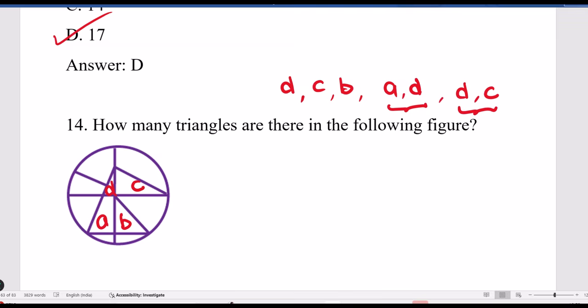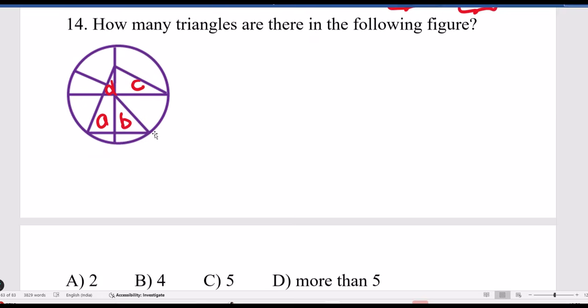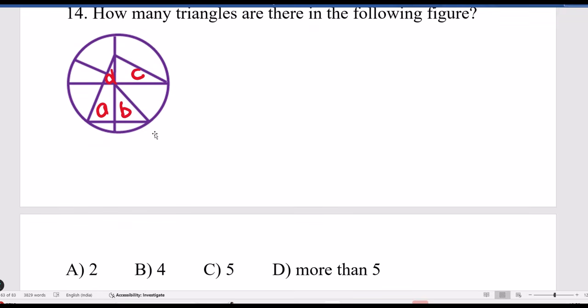Now can anyone help me? Is there any other triangle possible in this? B and C combination is a waste, and D and B combination is not a triangle. Is this more than 5? They gave options 2, 4, 5, more than 5.